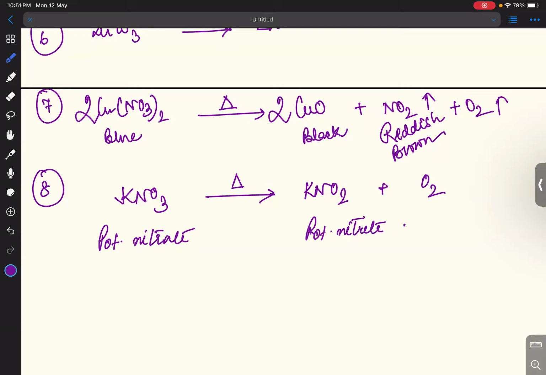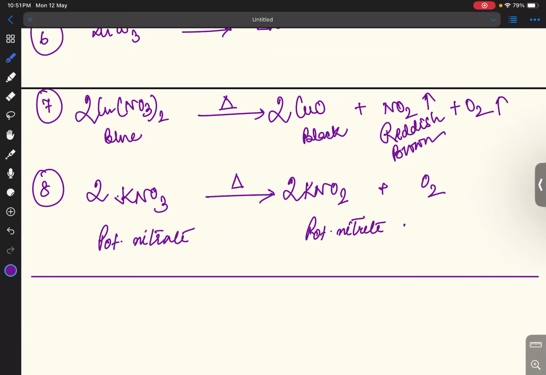Potassium nitrate will not break down in the usual way. It will rather break down to give you potassium nitrite and oxygen. Okay, now let's balance it. 2 and 2. That's it, balanced.